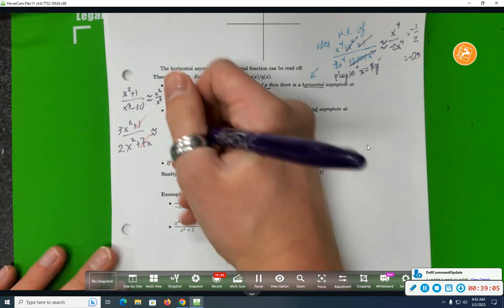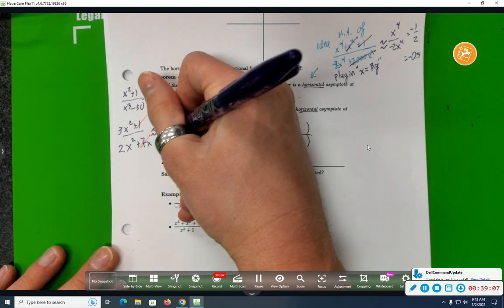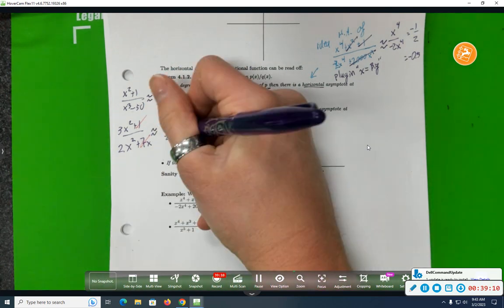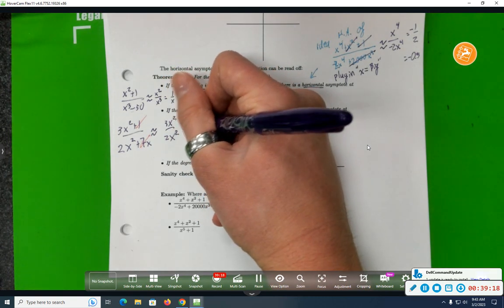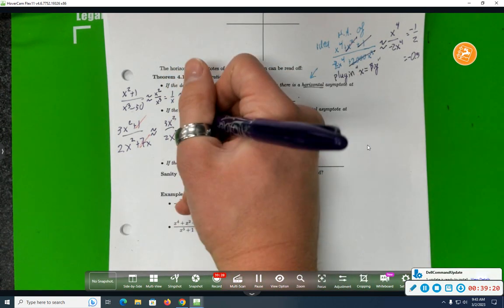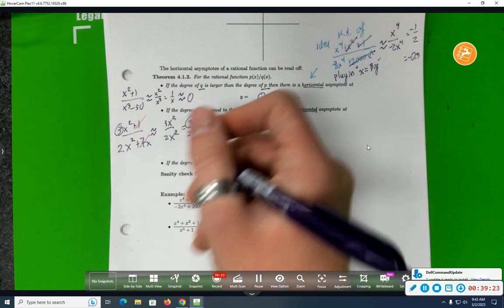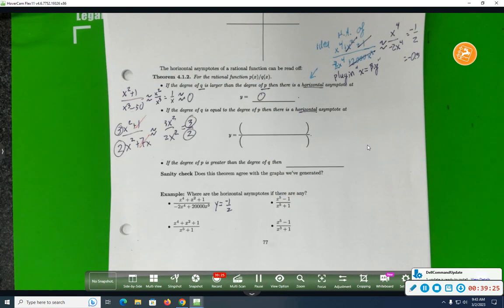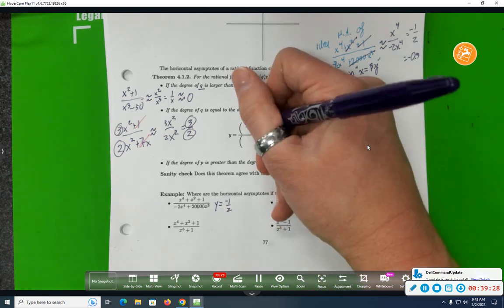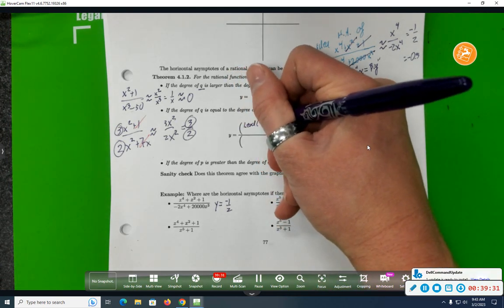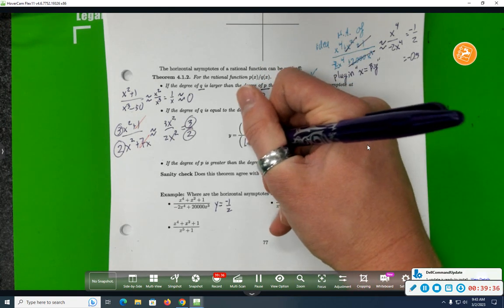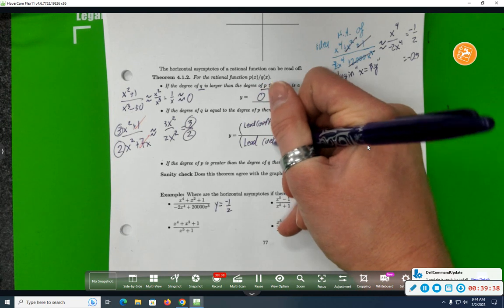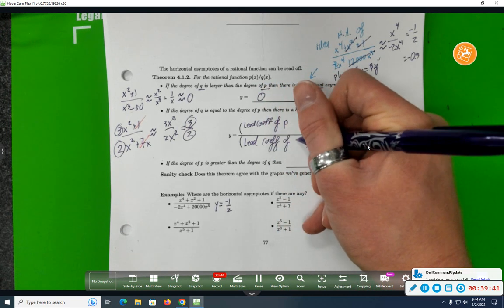This is approximately 3x squared over 2x squared, and what is that? Yeah, 3 over 2. Notice this 3 just came from that 3, and this 2 came from that 2. If they have the same degree, then the horizontal asymptote will be at the leading coefficient of the numerator divided by the leading coefficient of the denominator.